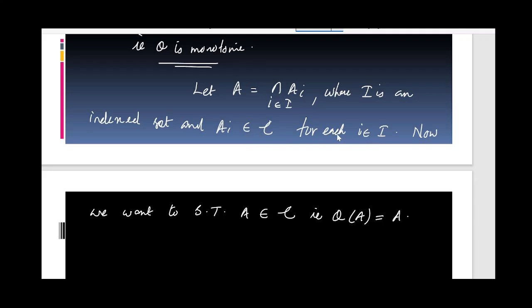Since it is closed under finite intersection, we want to prove that theta of A is equal to A.